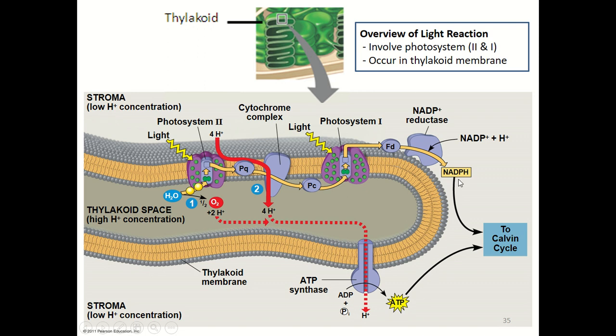And then NADPH and ATP that are produced in the stroma will be used in the next step of photosynthesis, which is the Calvin cycle, or known as the dark reaction.